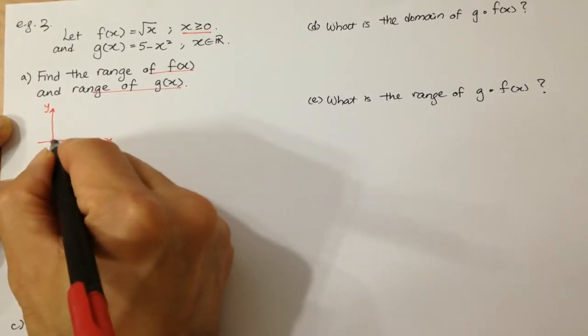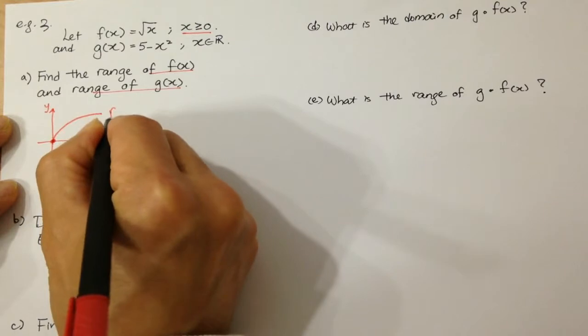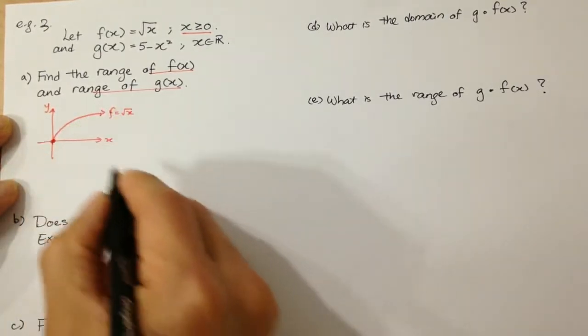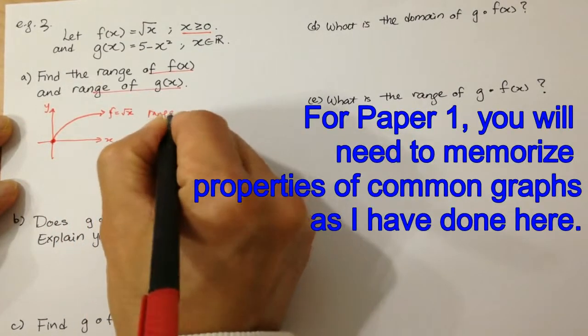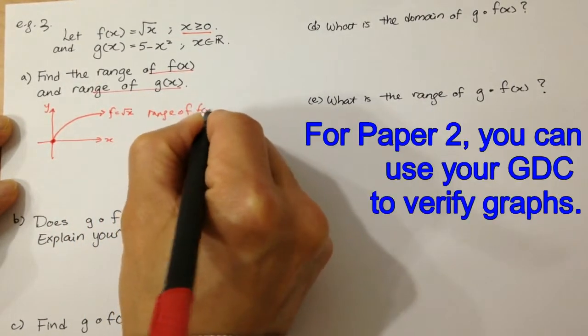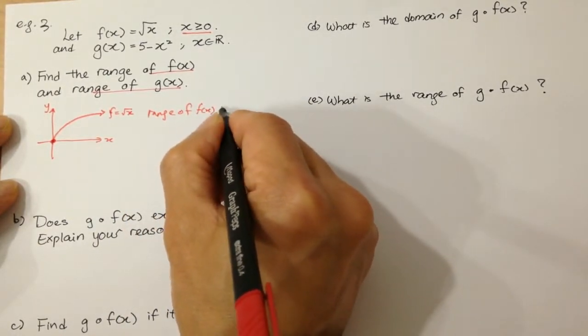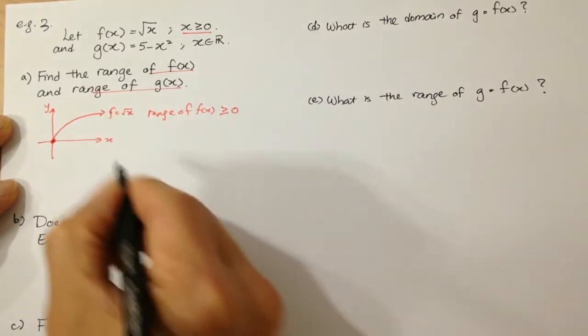Starting from 0, it goes up like this for this function f of x equal to square root of x. Here you can see that the range of f of x in this case is just going to be larger or equal to 0 from the graph.